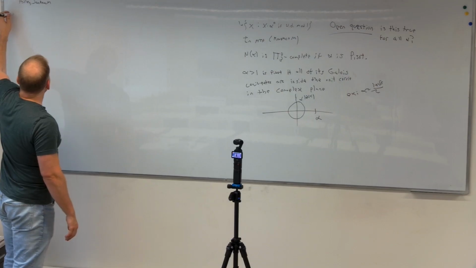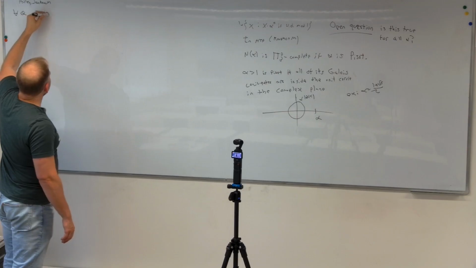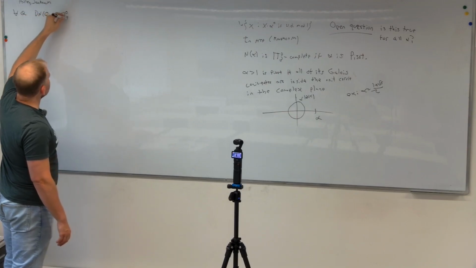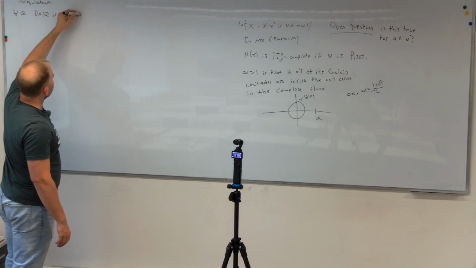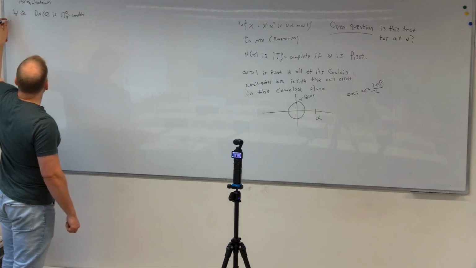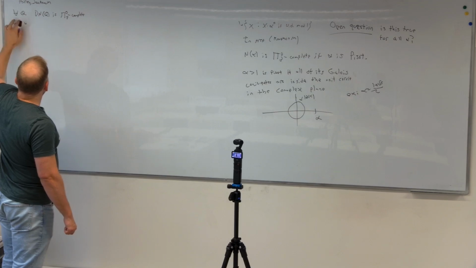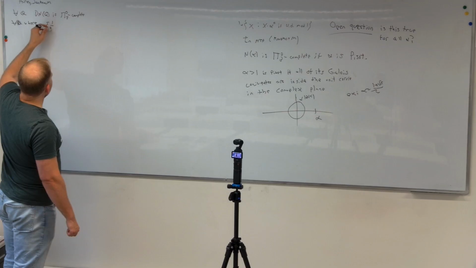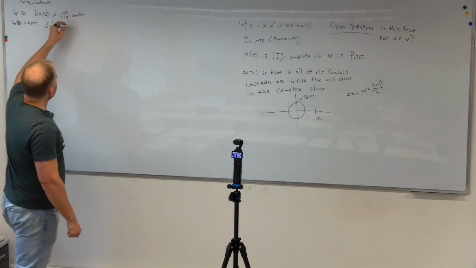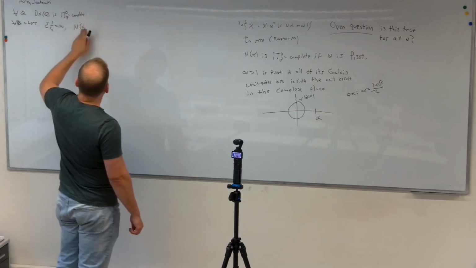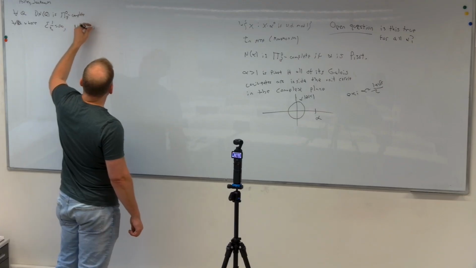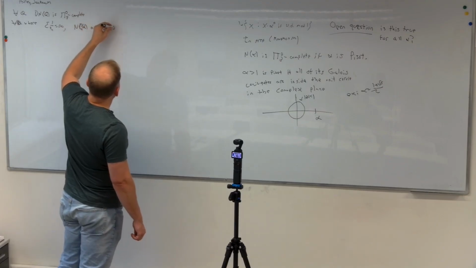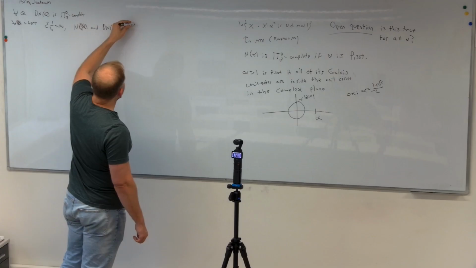The sets for all Q, DN of Q is Π^0_3 complete. And for all Q where the sum of 1 over Q_n equals infinity, N of Q and DN of Q are Π^0_3 complete.